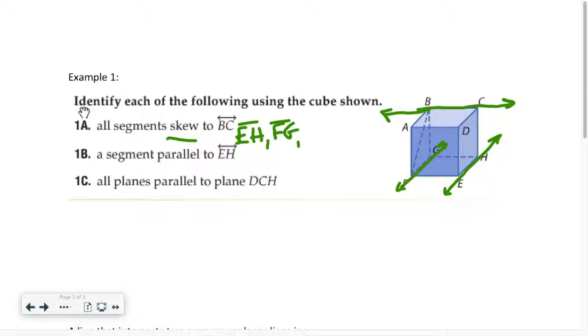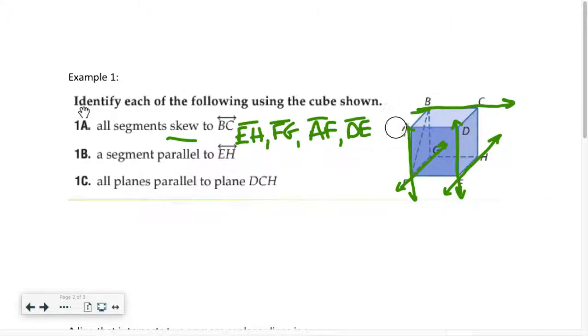I think if you look at this front face, this segment here, AF and BC, they're not coplanar. They don't intersect, and then as well, DE, opposite AF. So those are the segments that are skew to BC. Any other segments would certainly intersect BC or would be coplanar with BC.